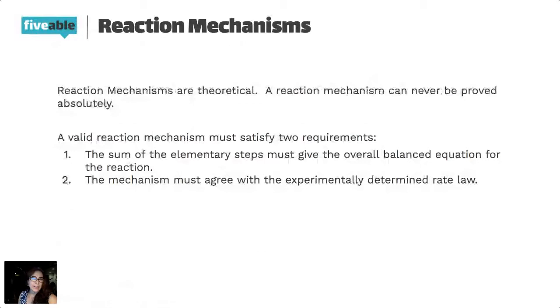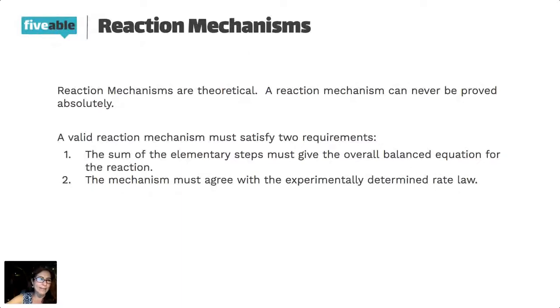One thing to consider is that reaction mechanisms are theoretical. We cannot be absolutely sure about a reaction mechanism. A reaction mechanism can never be proved absolutely. Why? Because we don't have a zoom-in vision to see what is actually occurring in a chemical reaction. We can just assume and make predictions.